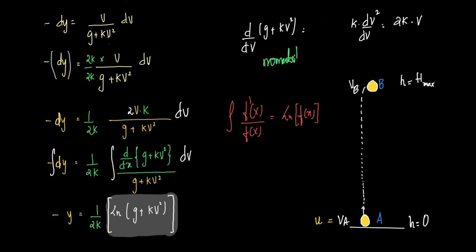It will come to rest for one moment, and at that point vb would be equal to 0. So height will vary from 0 to h max, or let us take it as capital H, and velocity would vary from u to 0.